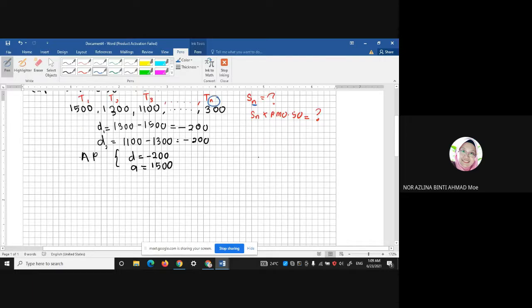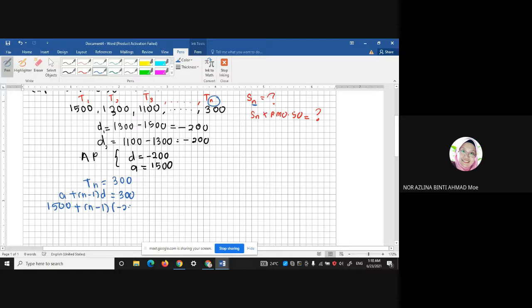So sekarang Tn sama dengan 300. Jadi A tambah N tolak 1D sama dengan 300. Dia gantikan A. A adalah 1500 plus N kita tak tahu tolak 1. D kita adalah negative 200.